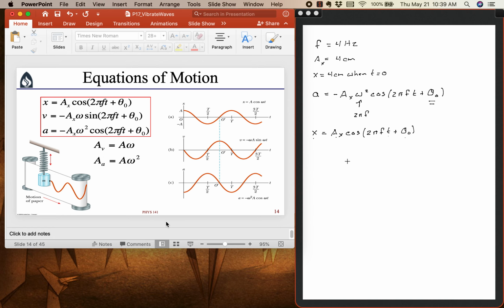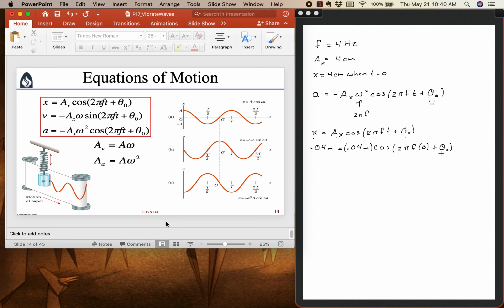So if we put that information in, we know that x is at 4 centimeters when t is equal to 0. So x is at 4 centimeters, so that's 0.04 meters, is equal to 0.04 meters times the cosine of 2 pi times the frequency times time, but time is 0, so all of this stuff is going to be equal to 0, plus the starting angle.